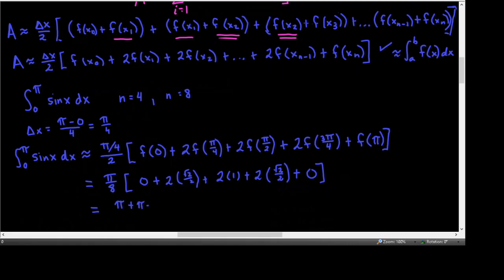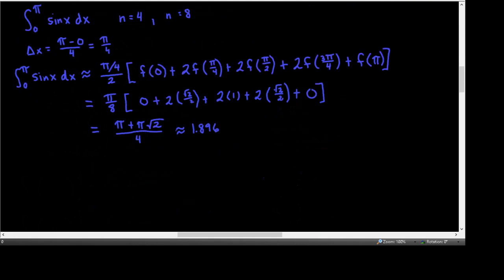I was trying to decide if I wanted to factor out that pi or not, and I decided not to. All over 4. Okay, and then for comparison's sake, I want to find a decimal approximation for that so that we'll have a thing to compare to. So correct to 3 decimal places, this is 1.896 approximately.